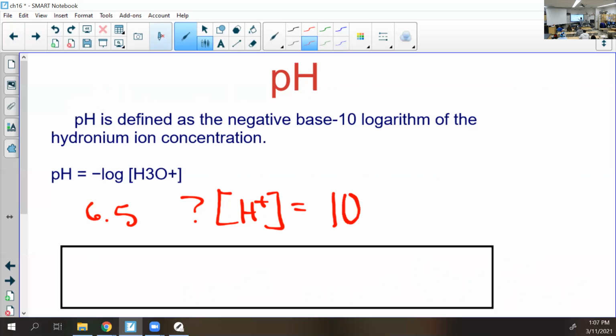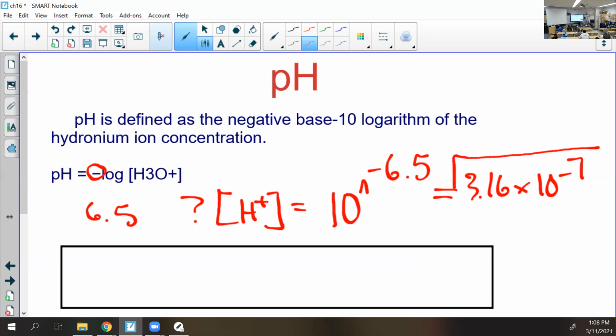If you hit inverse log, it's just 10 raised to a number. Then I take the negative value and put in the pH. And that would tell me my concentration is equal to 3.16 times 10 to the negative what? So I can go either from pH to H plus or H plus to pH.